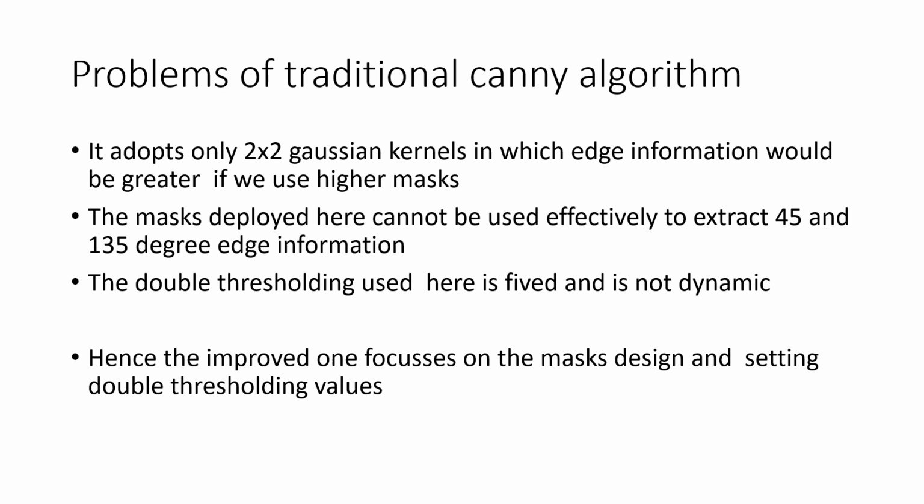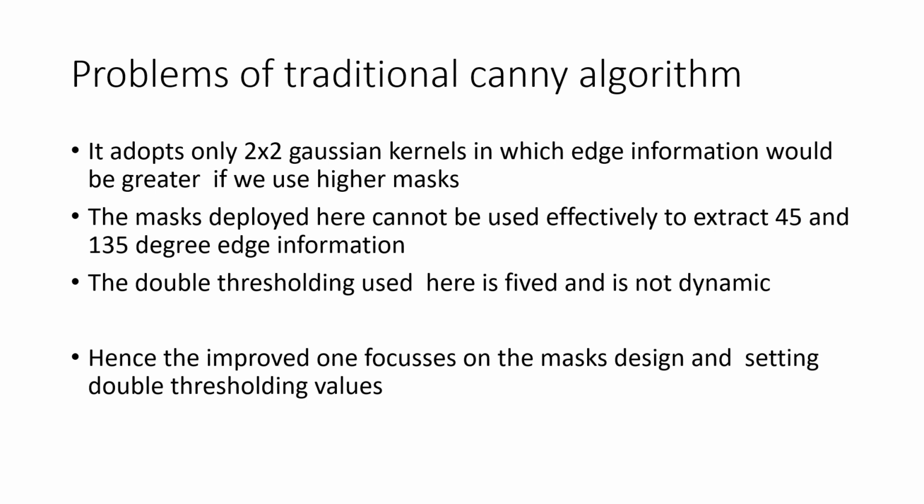For images with rich edge information, the adaptability of the traditional Canny algorithm isn't ideal, and it's easy to lose local characteristics edge information. Moreover, studies have proved that if you use more kernels, such as 3 cross 3 or 5 cross 5, it will preserve more edge information.